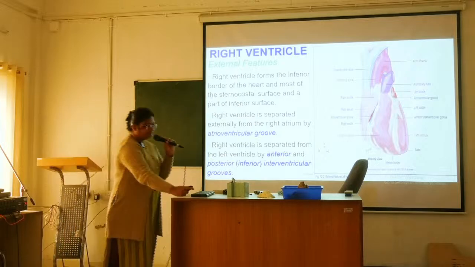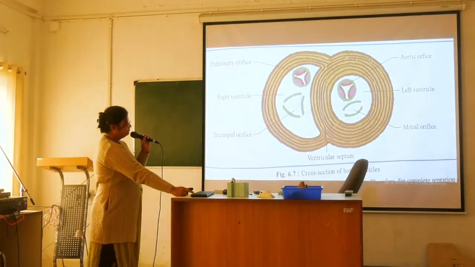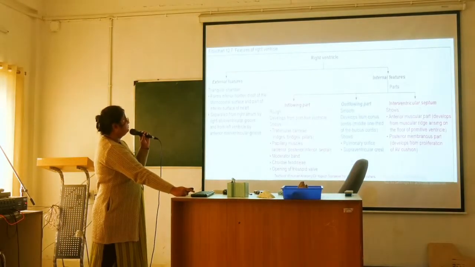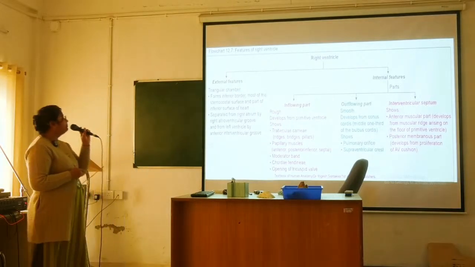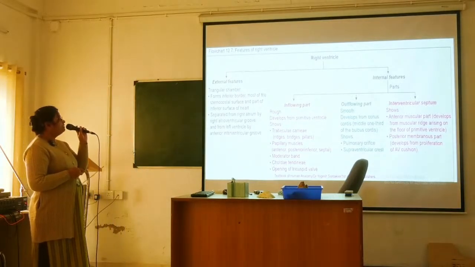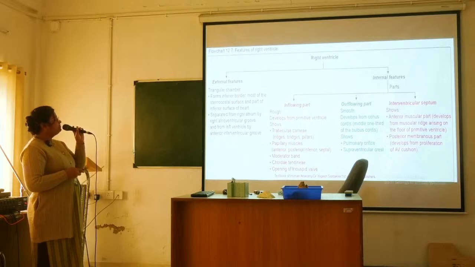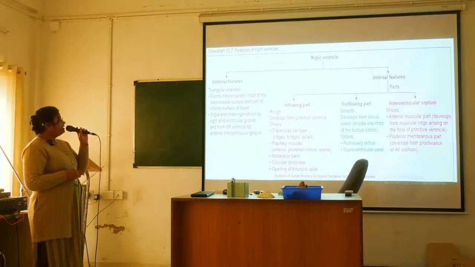That you have seen. So it is a triangular chamber, forms the inferior border, most of the sternocostal surface and part of the inferior surface, separated from the right atrium by the right atrioventricular groove, from the left ventricle by the anterior interventricular groove.